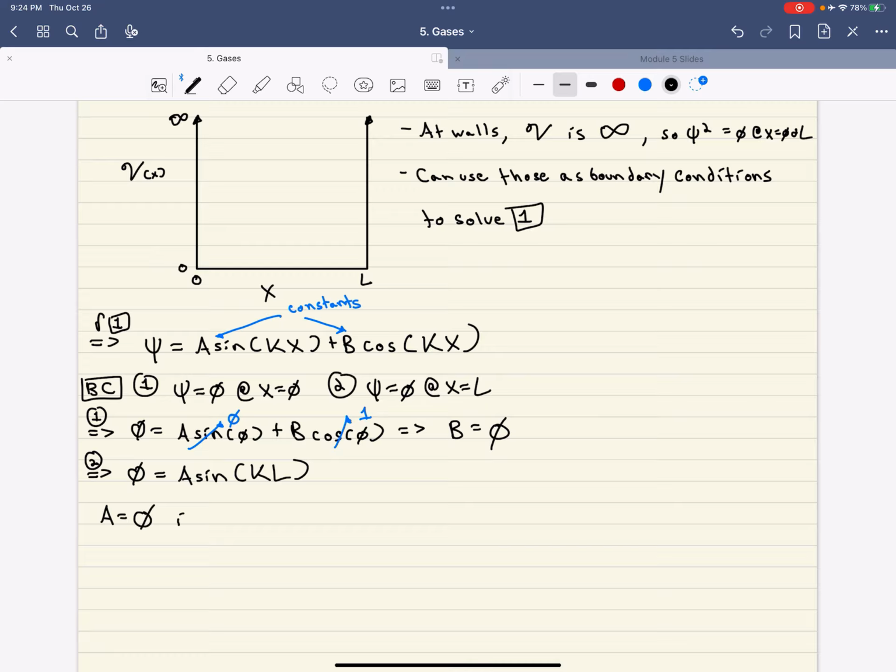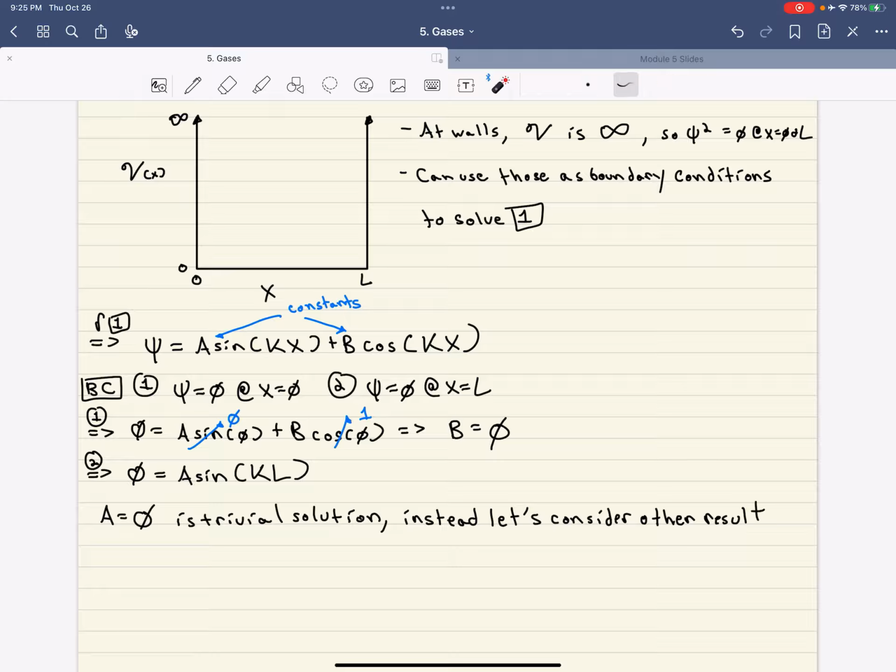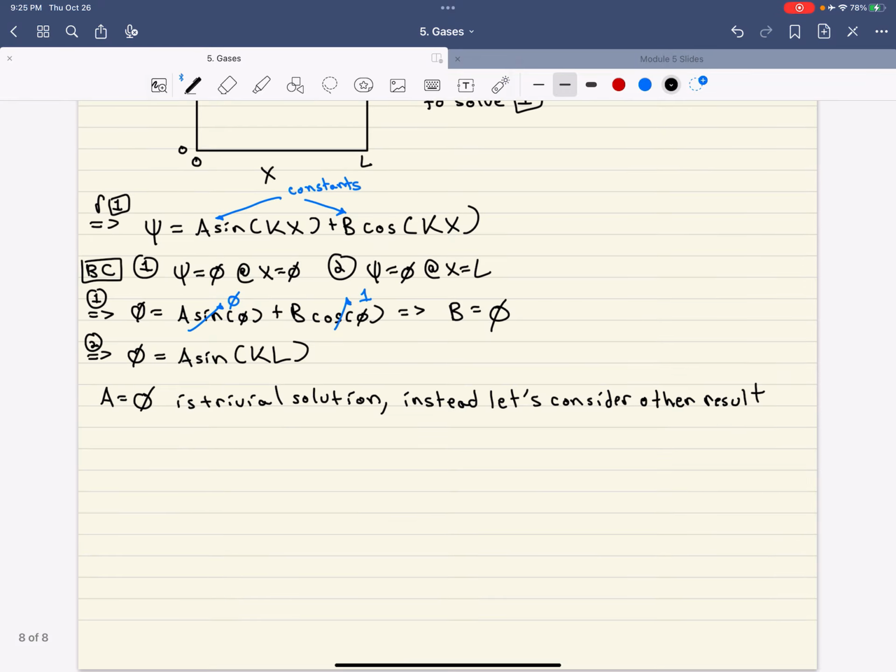And so that would give us the trivial solution. And so that's a sort of uninteresting sort of solution. So instead, we're going to consider the other result, which is that instead of a being 0, instead the sine of kL is equal to 0.